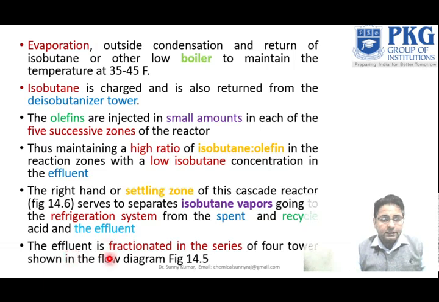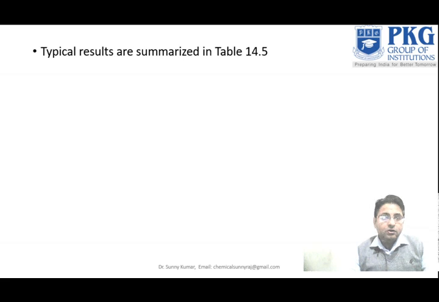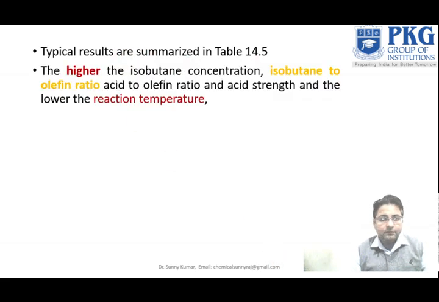The effluent is fractionated in a series of 4 towers. Actually, if you see figure 14.5, there are 4 towers, and we will send that effluent there. Typical results are summarized in table 14.5, which we have already discussed.